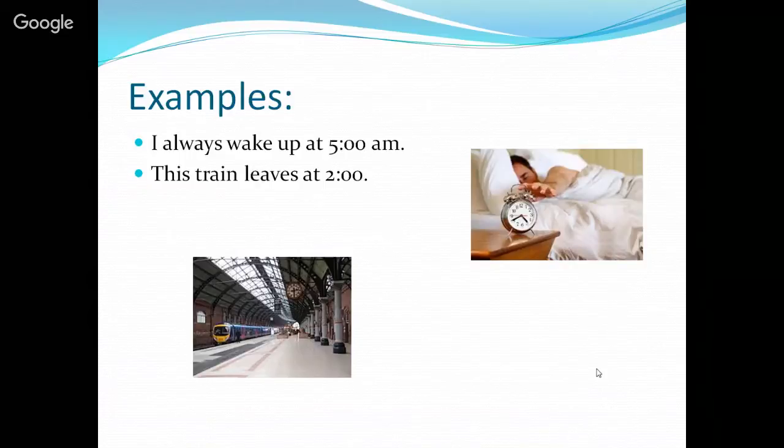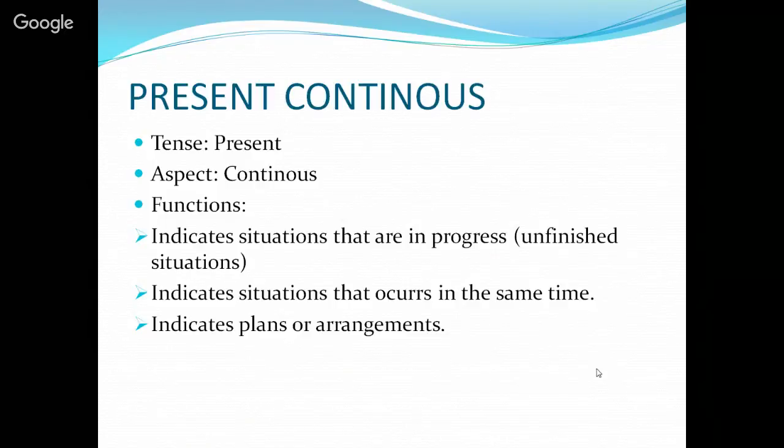But also, present tense is used to mention some situations that happen in the future, like this train leaves at 2 o'clock. So with this, we have a present situation, but it refers to the future. It's something that is established.